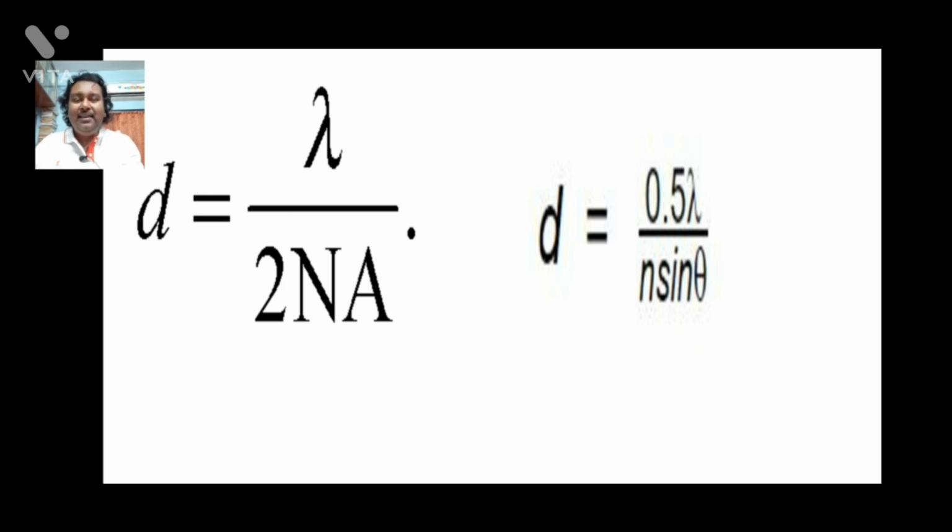NA is the numerical aperture, and NA is equal to n sin theta. n is the refractive index of the medium, and theta is the maximum half angle created by the objective lens with the specimen plane. The maximum value of theta is 90 degrees, but it will not be achieved practically. We will come to that point later.